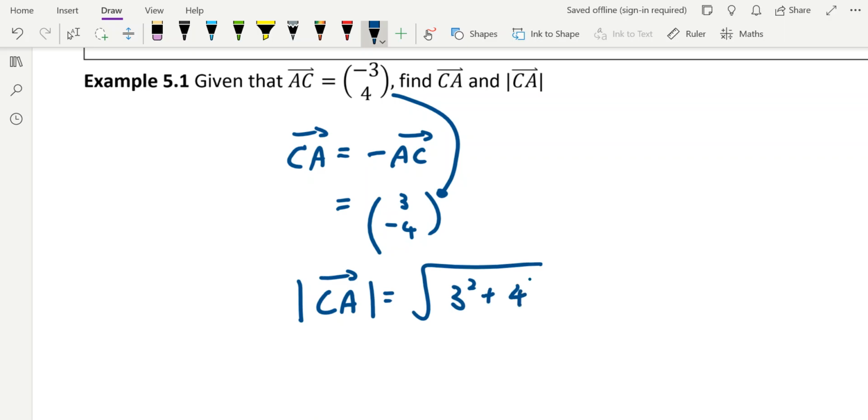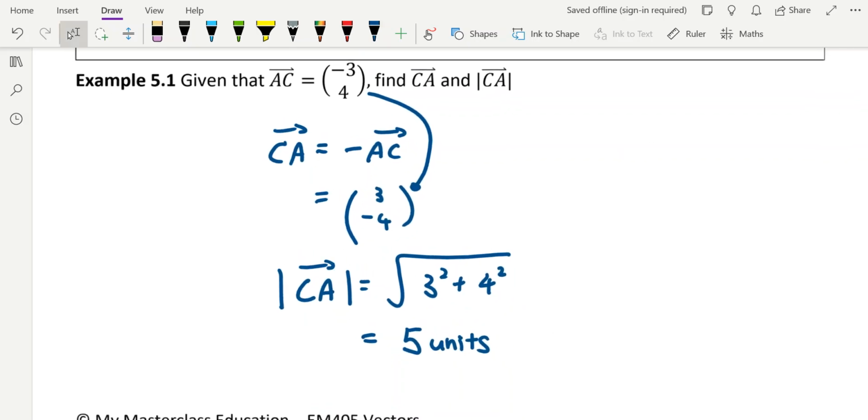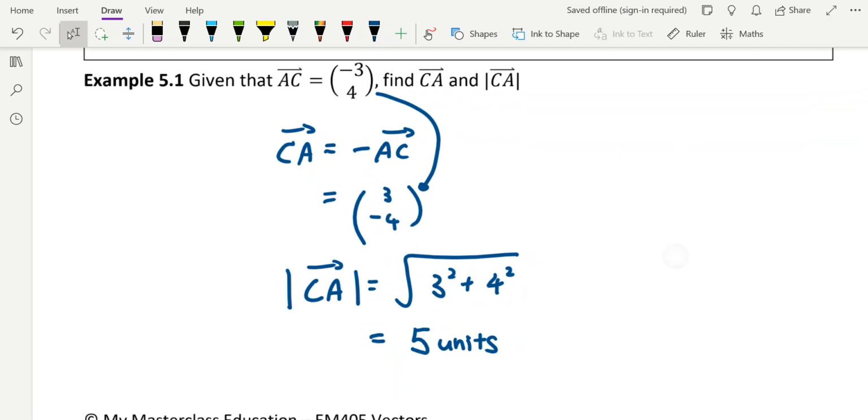You don't have to write the negative for the 4, because for magnitude, we are talking about the positive value. And if you know your Pythagorean triplet well, this is 5 units. Units for length, not square units, that's for area. So this is a short example of how to find the opposite direction of a vector, and the magnitude.